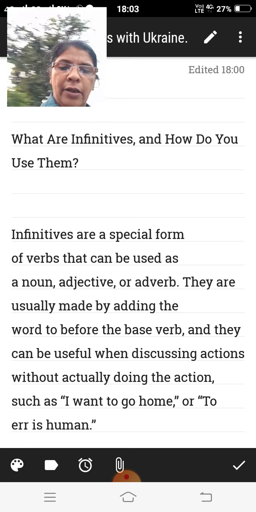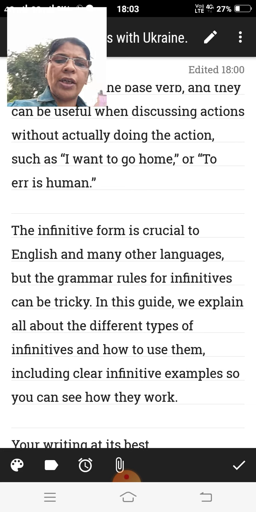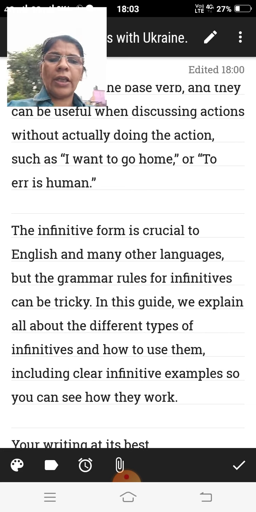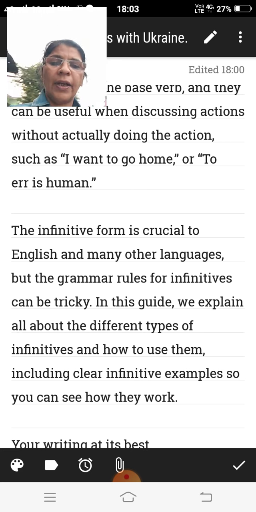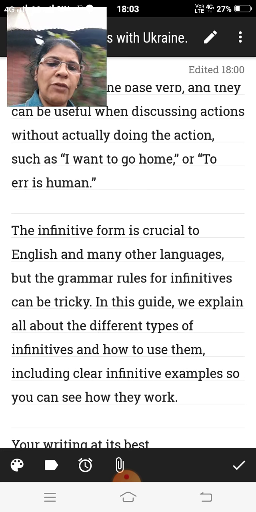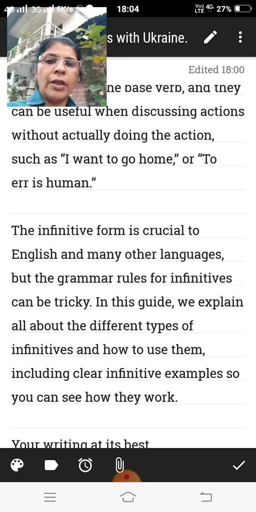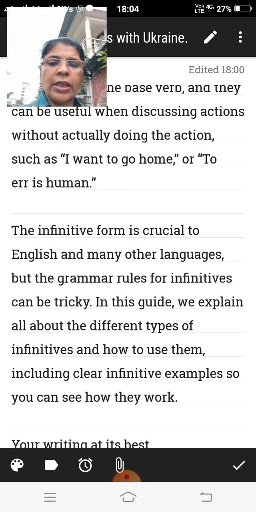The infinitive form is crucial to English and many other languages, but the grammar rules for infinitives can be tricky.